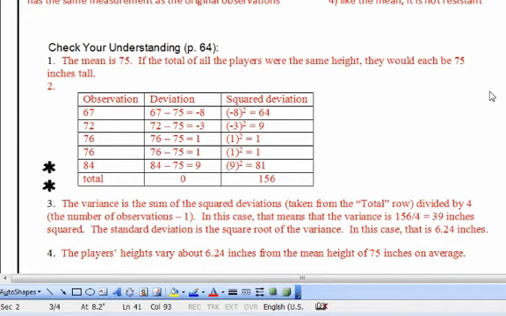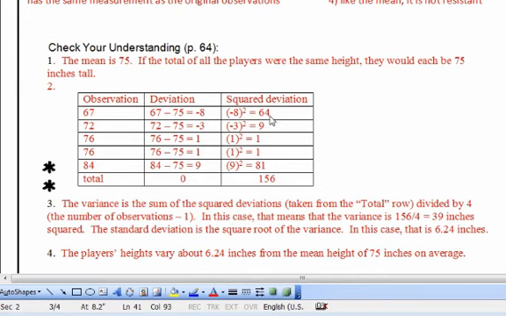Make a table that shows each value, its deviation from the mean, and its squared deviation. Okay, so these were our observations. Remember that to find the deviation, we need to take the observation and subtract the mean. And so we get -8, -3, 1, 1, and 9.